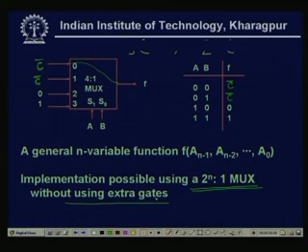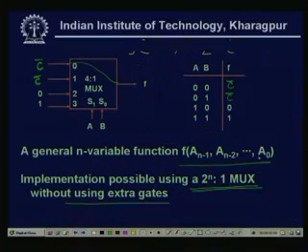So far what we have discussed is that if it is an n variable function, we can take all n variables as the select lines, which will select a particular primary input to be fed to the output.